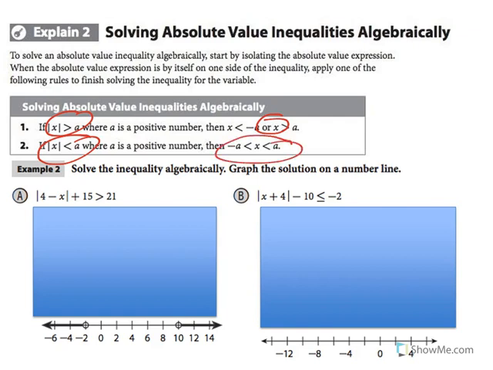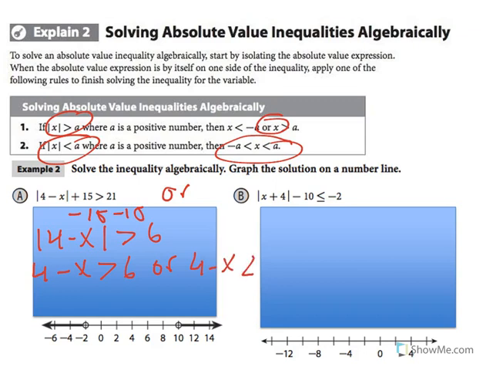Okay, so let's start with our example 2a. So first we subtract 15 from both sides. So we have the absolute value of 4 minus x is greater than 21 minus 15, which gives us 6. So greater than, we use the term or. So we say 4 minus x is greater than 6, or 4 minus x is less than negative 6.